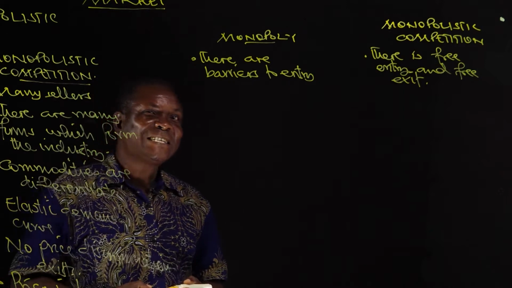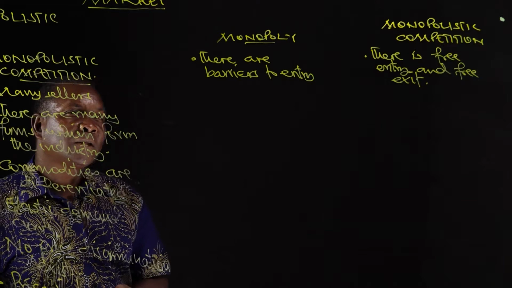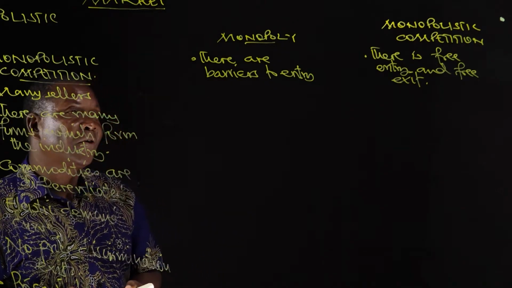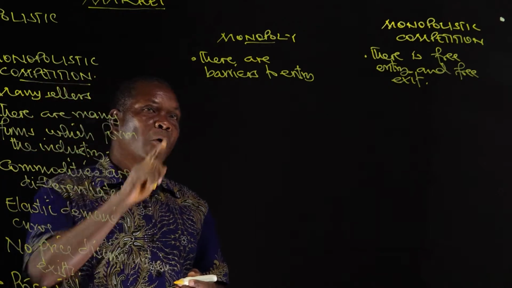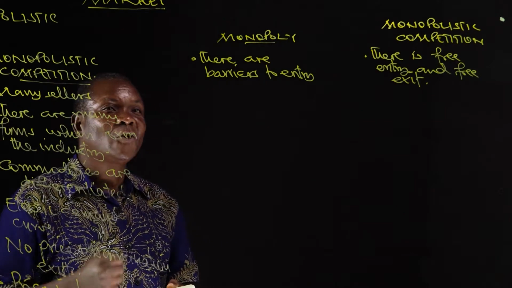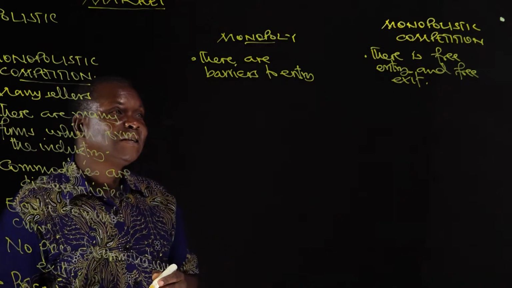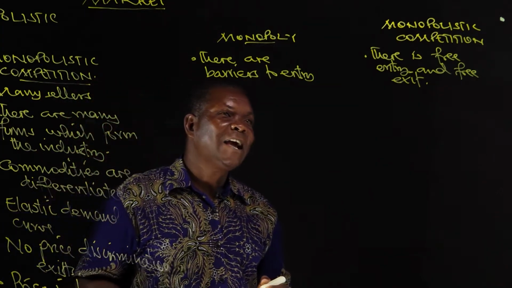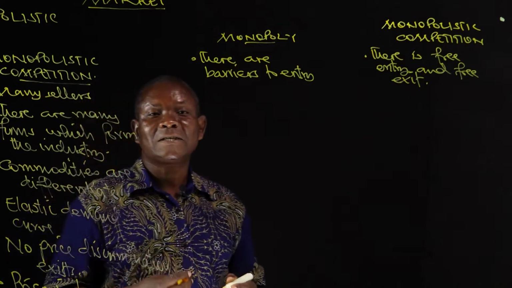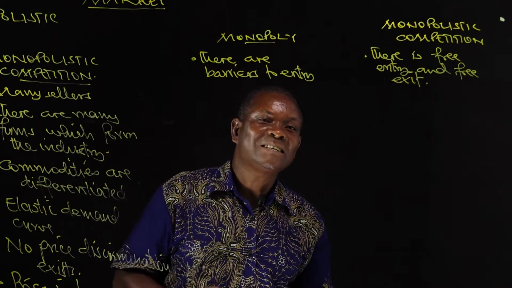Another difference is that the equilibrium of a firm, which is found at the point where MC is equal to MR, marginal cost equals marginal revenue, you find that the monopolist is able to enjoy abnormal or supernormal profit in the short run and in the long run. While under monopolistic competition, in the short run, the firm can get either supernormal profit, earn a normal profit, or incur a loss, while in the long run, the monopolistic competitive firm will be earning just a normal profit.